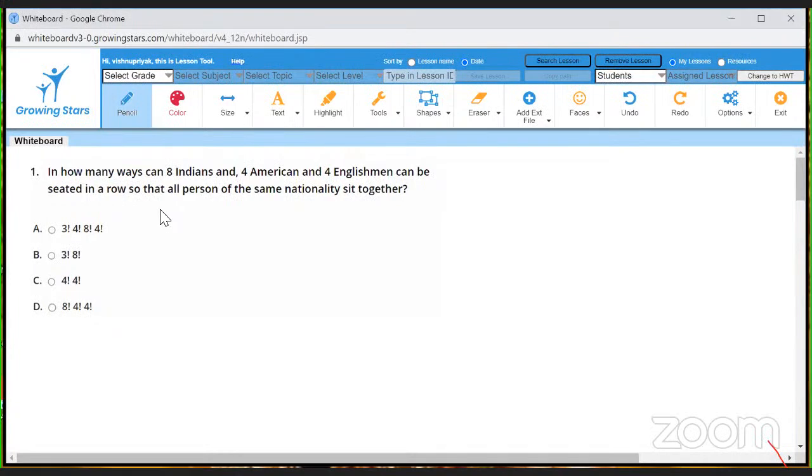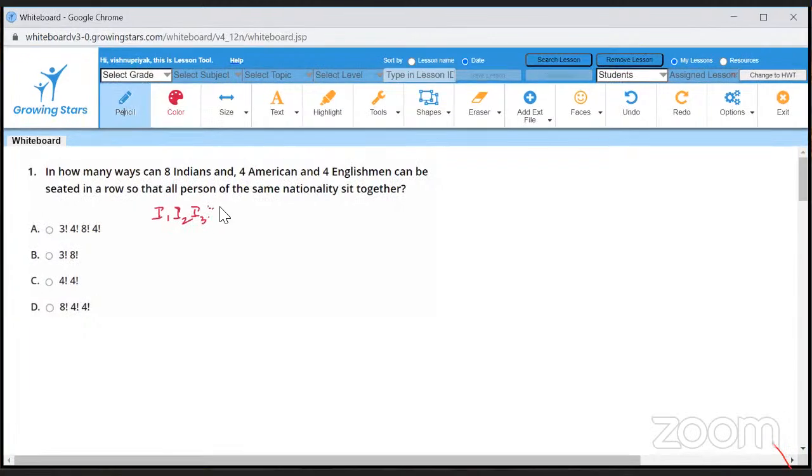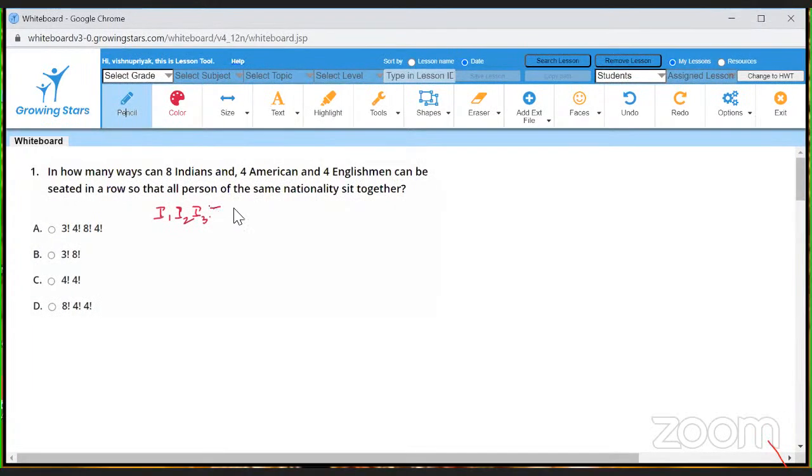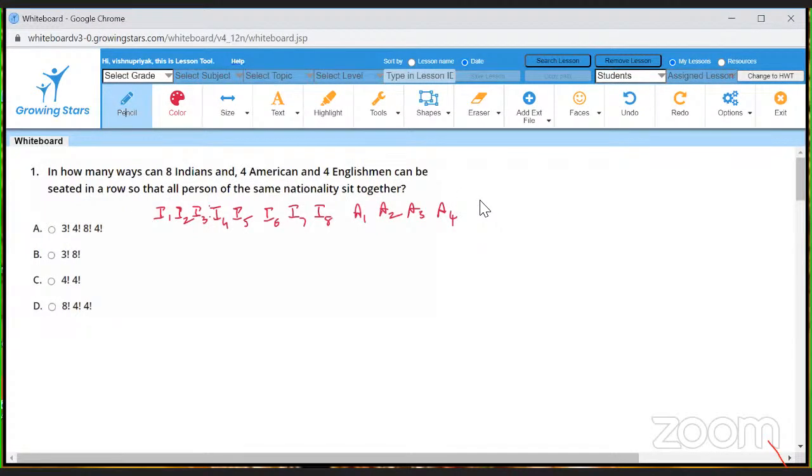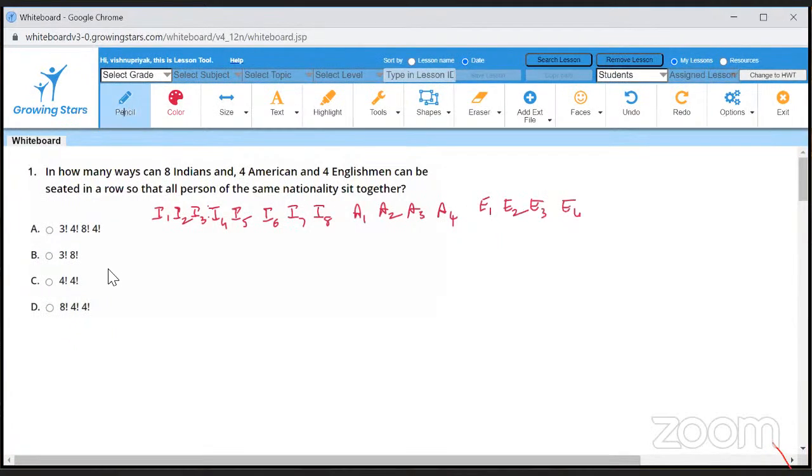So Indians are 8: I1, I2, I3, I4, I5, I6, I7, I8. Americans are 4: A1, A2, A3, A4. Englishmen are 4: E1, E2, E3, E4.